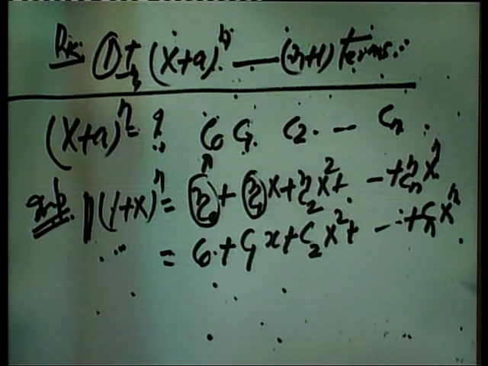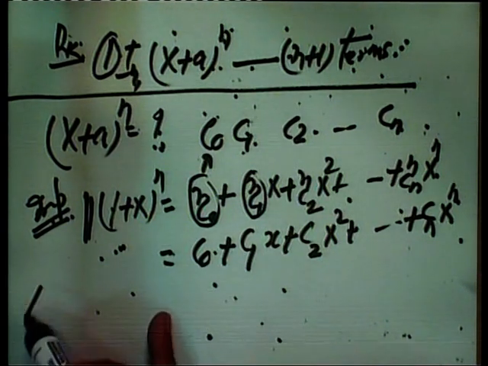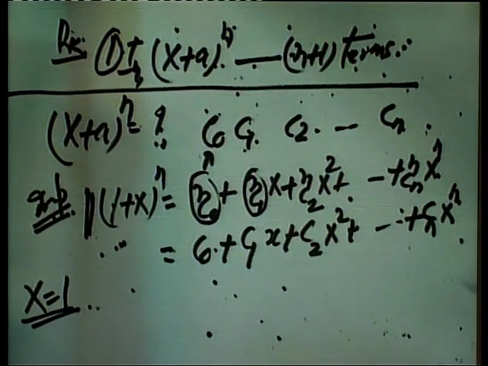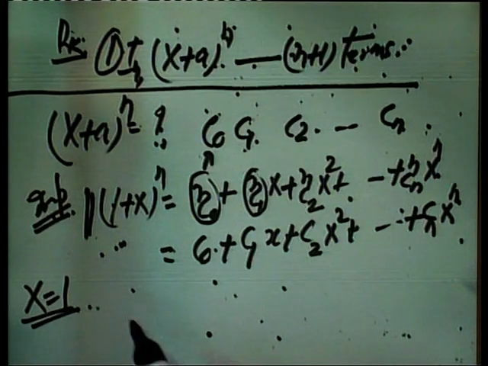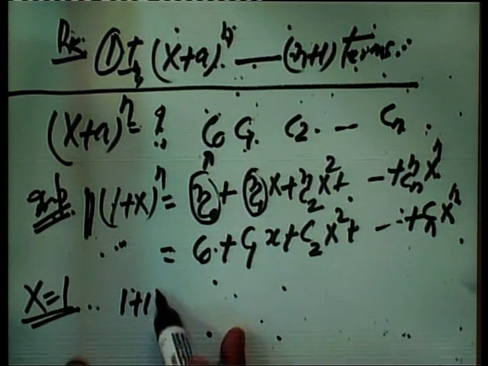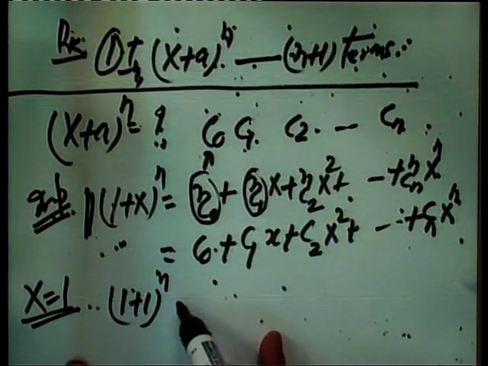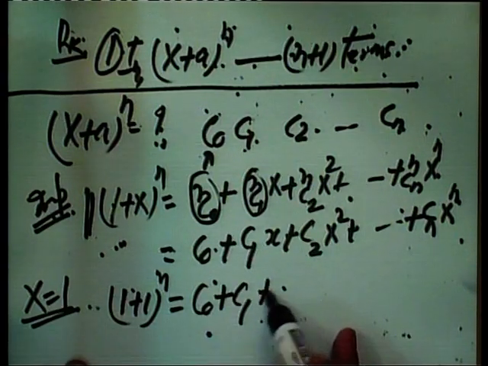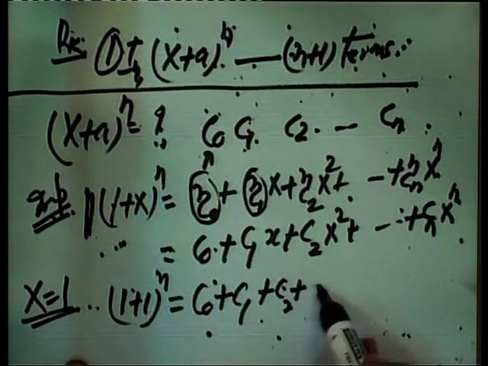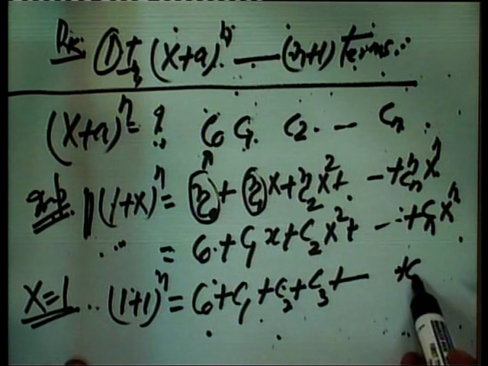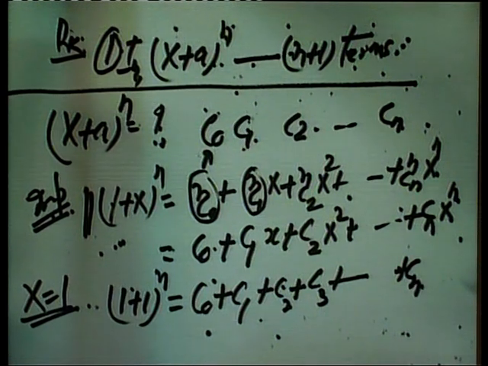For example, I choose x is equal to 1. Suppose I choose x equal to 1, then that becomes 1 plus 1 raised to power n is C0 plus C1 plus C2 plus C3 plus Cn.